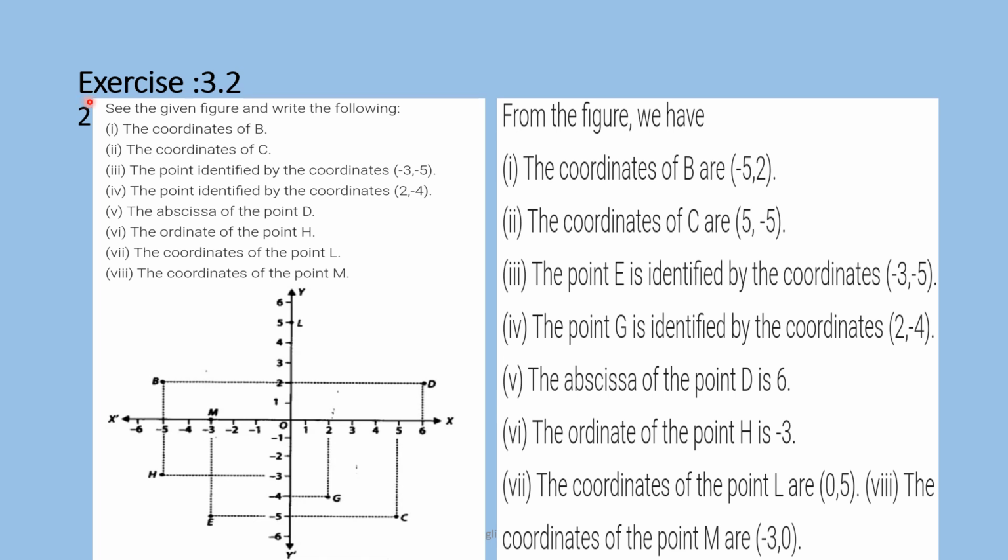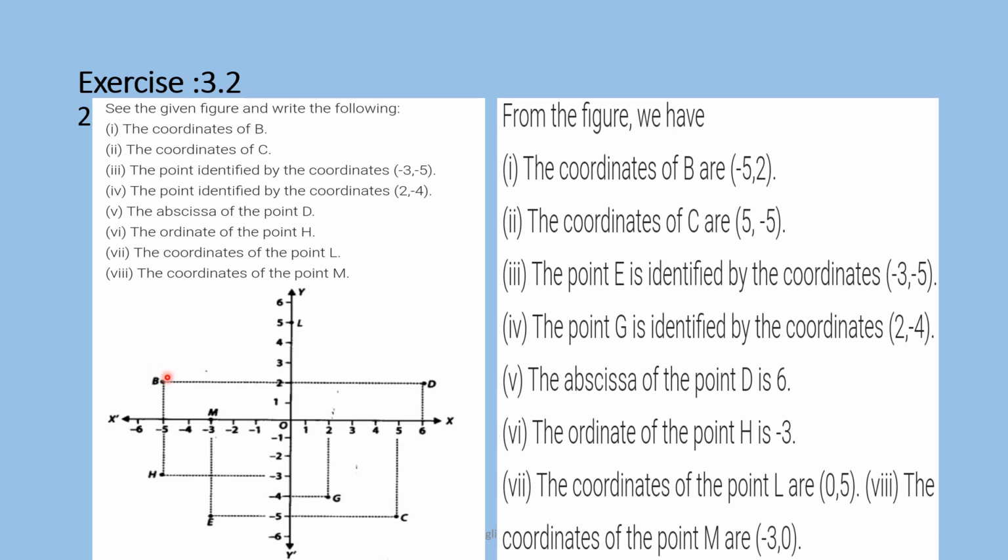In exercise 3.2, question number 2, see the given figure and write the following. In that, question number 1, the coordinates of B. So in the figure, you locate the point B and you have to find the coordinate.